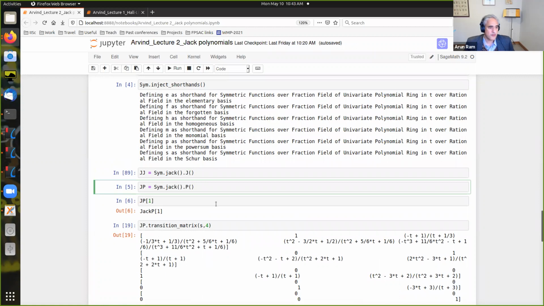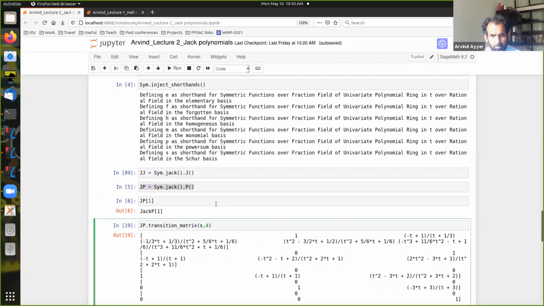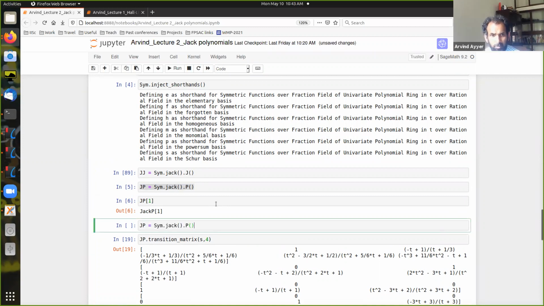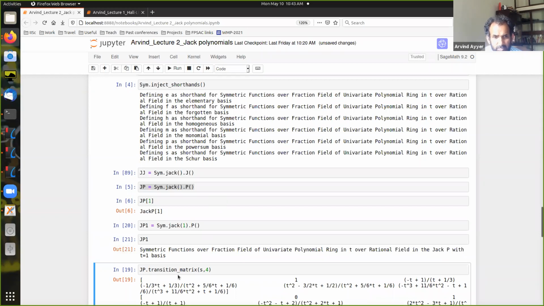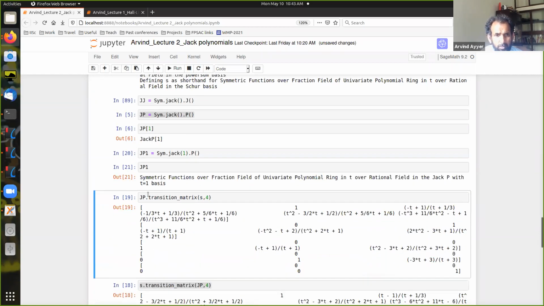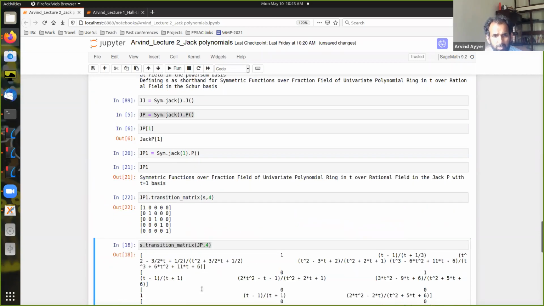So if I define a new one, if I call JP1 the Jack evaluated at 1, then I'll do JP1 just to verify. So this takes t equals 1. And now if I do JP1 in terms of Schurs, I get diagonal.